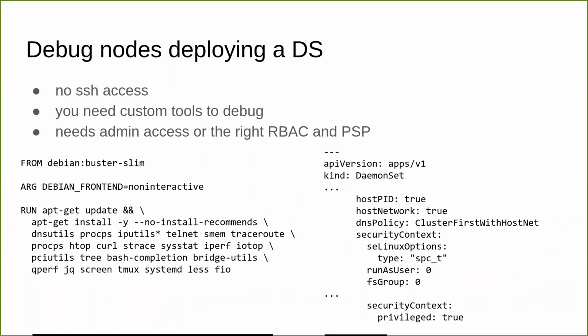So why don't you have to SSH into the nodes? There are two ways that you can debug components and applications in these nodes. One is with the newly added kubectl debug command that we'll describe after.